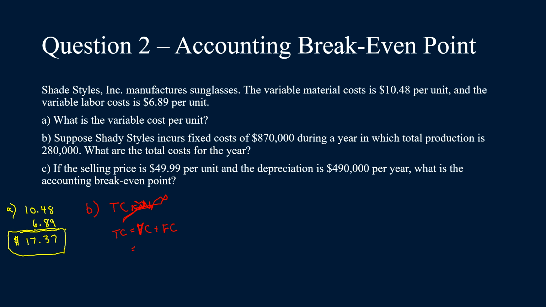All right, so for variable cost, we have 280,000 units, and each unit is $17.37. So we're going to take 17.37, multiply it by 280,000, and then we're going to add the fixed cost, which is 870,000.